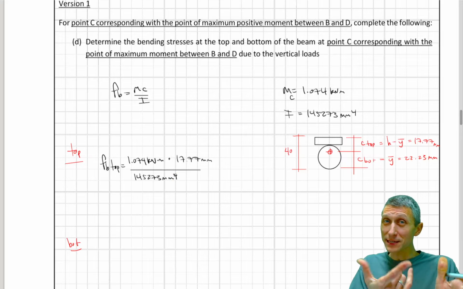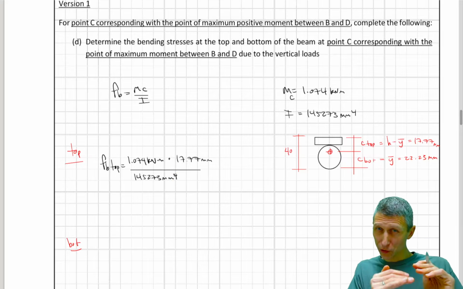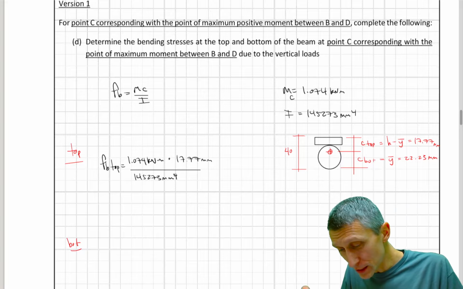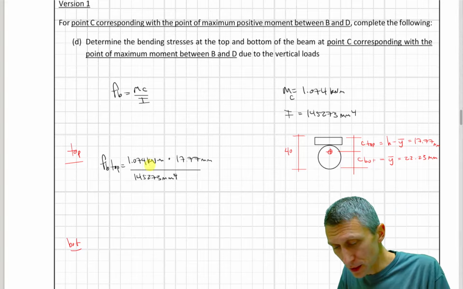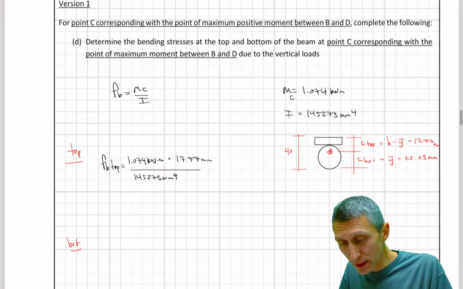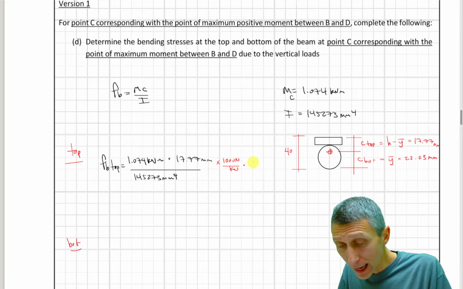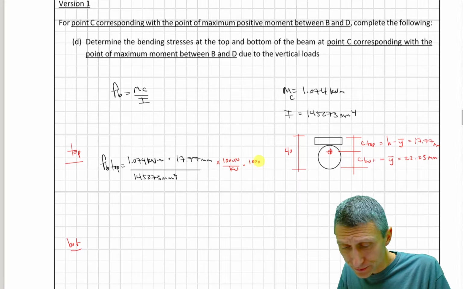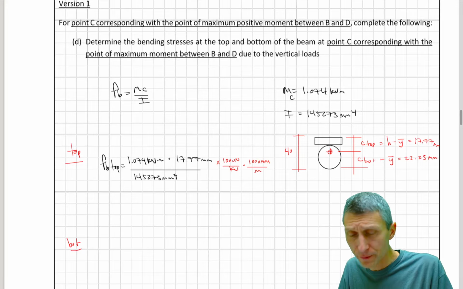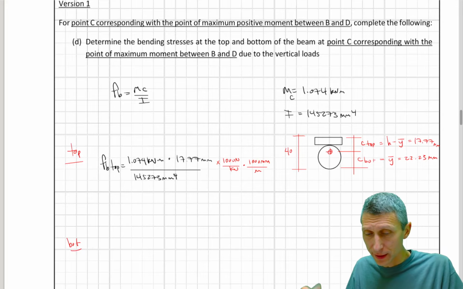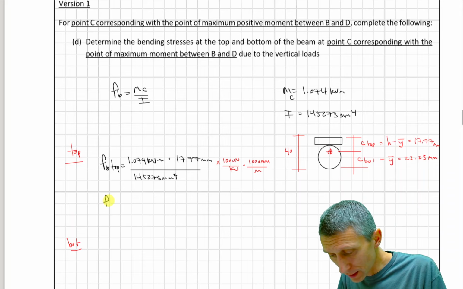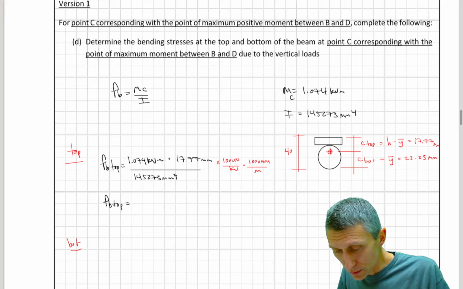But again, 1 megapascal is 1 Newton per millimeter squared. So here we have some unit conversions, because we have kilonewtons and meters. We have to multiply by 1,000 newtons per kilonewton and by 1,000 millimeters per meter. A lot of unit conversions going in there.